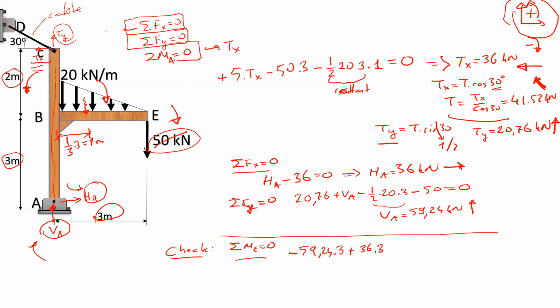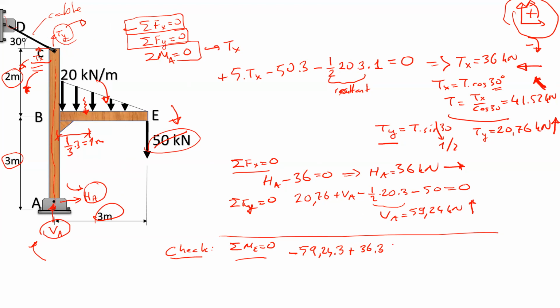We have the components of the cable reaction, Tx and Ty. Tx is rotating in the counterclockwise direction, Ty is rotating in the clockwise direction. So the moment caused by Tx is a positive moment. Moment caused by Ty is a negative moment.